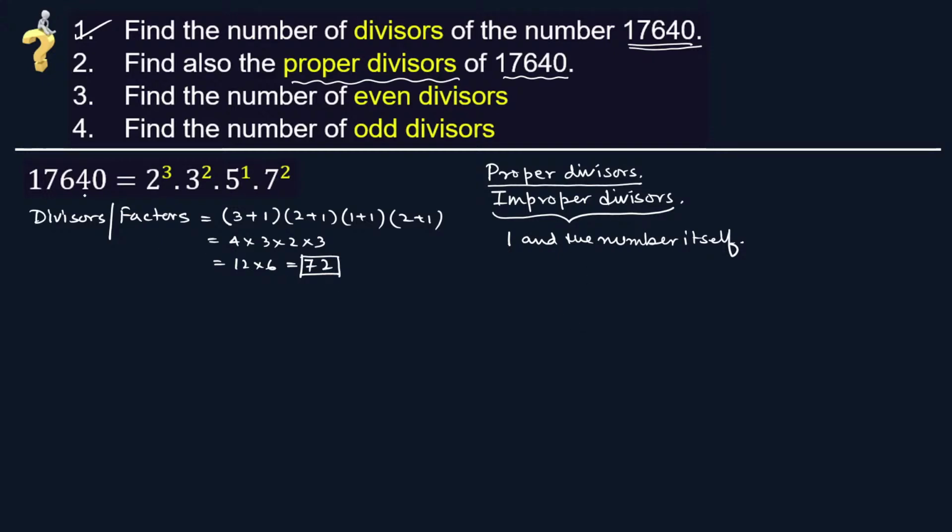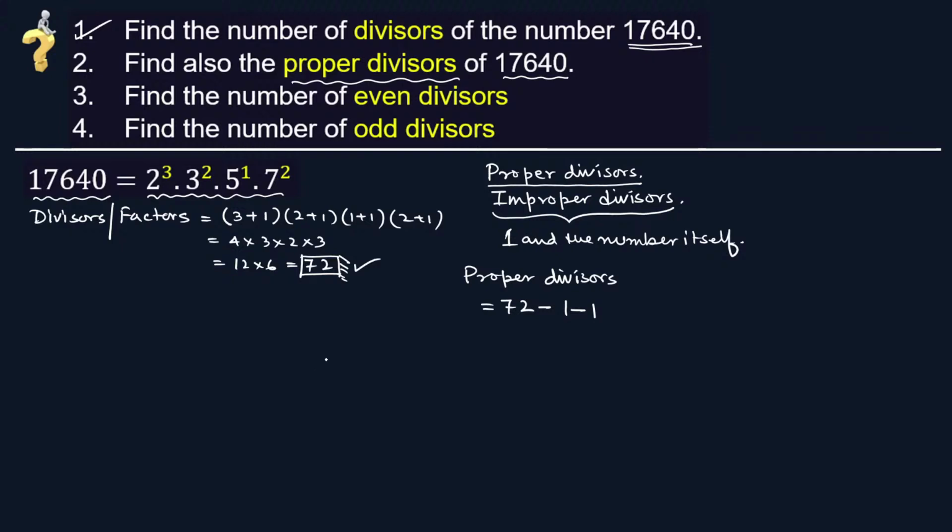Now we saw that for 17640, we got 72 divisors. Now if I ask you how many proper divisors there are, let me just write it here. Proper divisors will be how much? 72 minus 1 and minus the number itself. Because if you multiply all these numbers, you are going to have 17640, and that is one factor which is involved in 72.